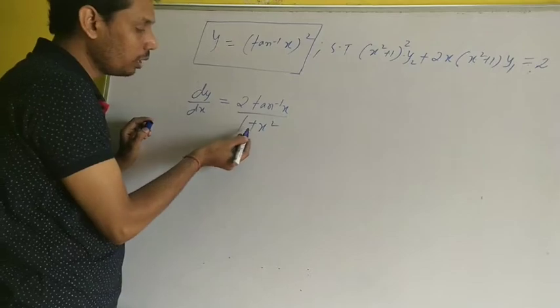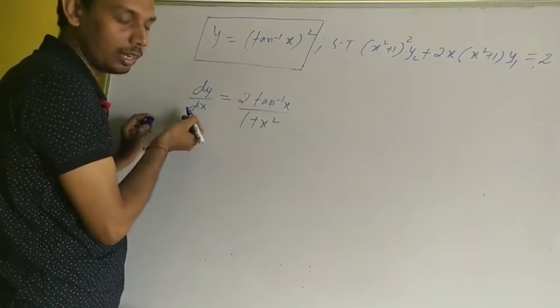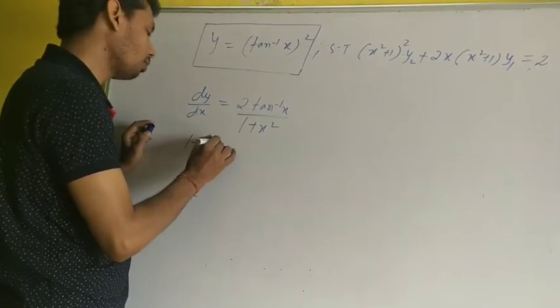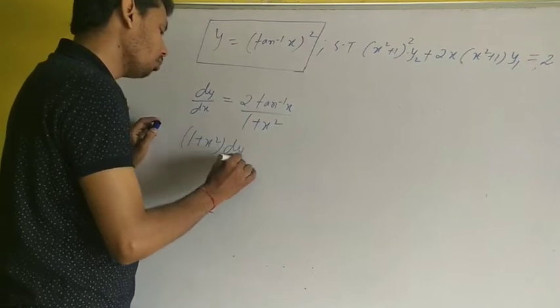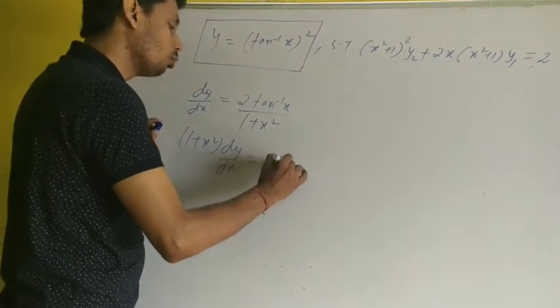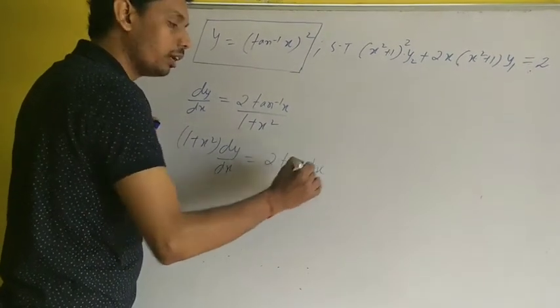Okay, now bring this 1 plus x square to the LHS. So we will get (1 plus x square) dy by dx is equal to twice of tan inverse x.